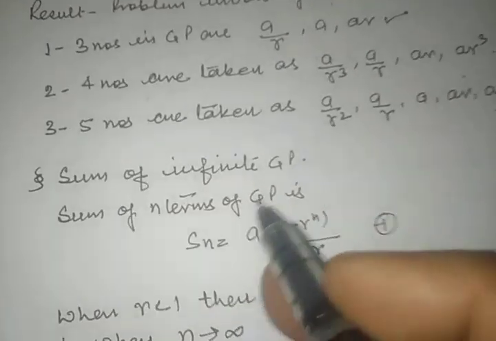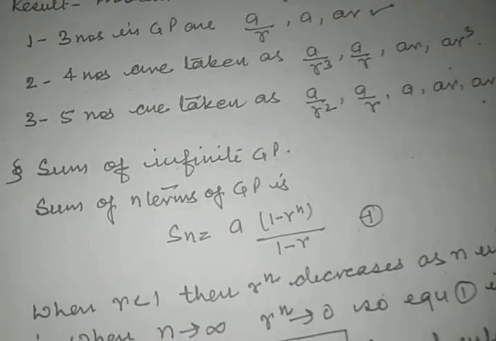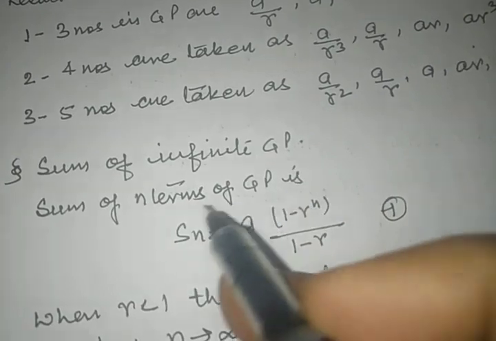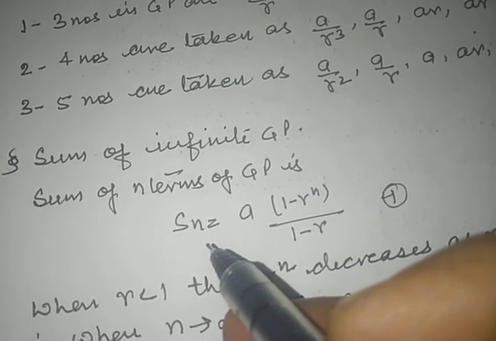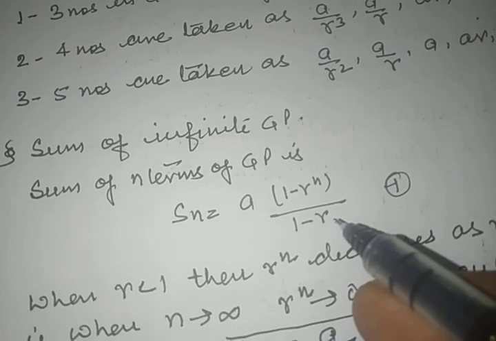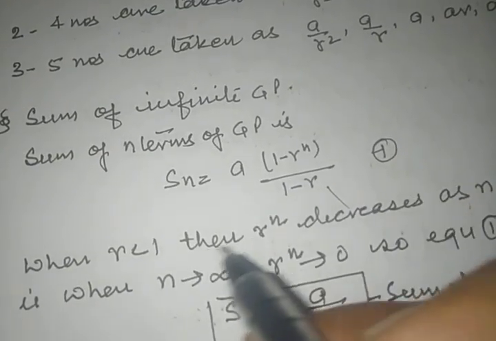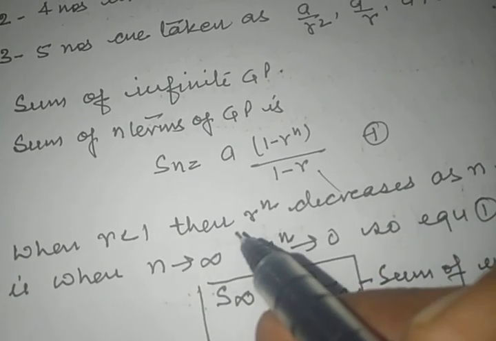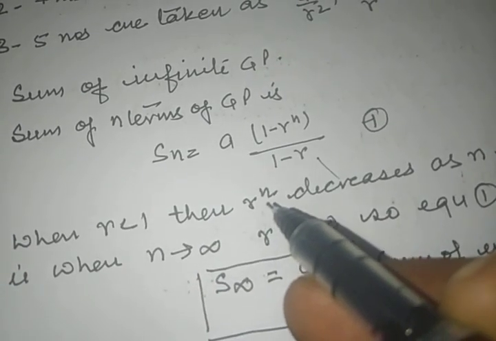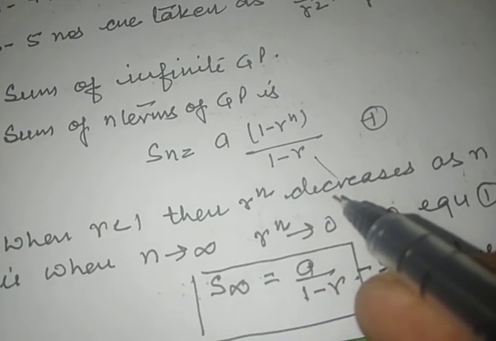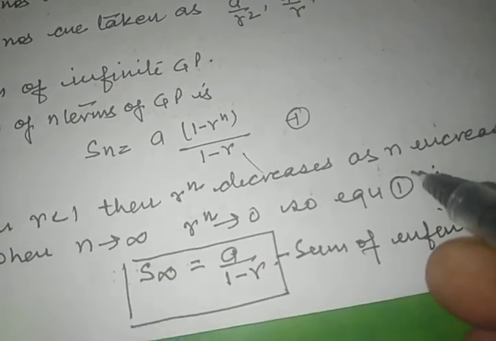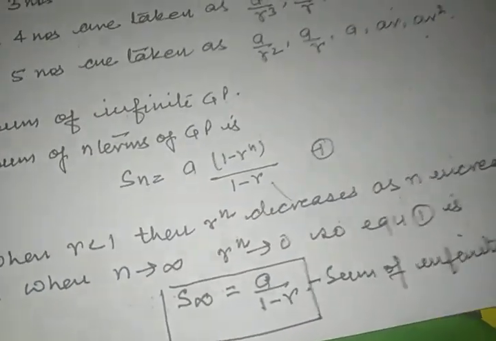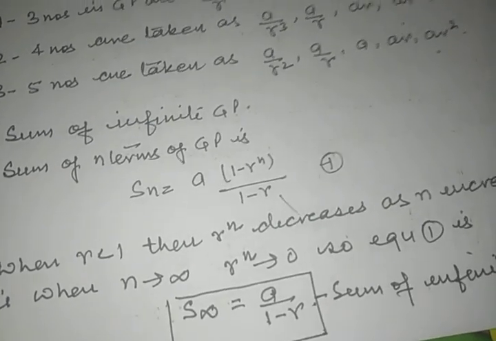Then sum of infinite GP. We know that the sum of n terms of a GP is Sn equal to a(1 minus r^n) upon (1 minus r). Now when r is less than 1, then r to the power n decreases as n increases. Since r is smaller than 1, it is a fraction, say 1 upon 2, 1 upon 3, 1 upon 4.